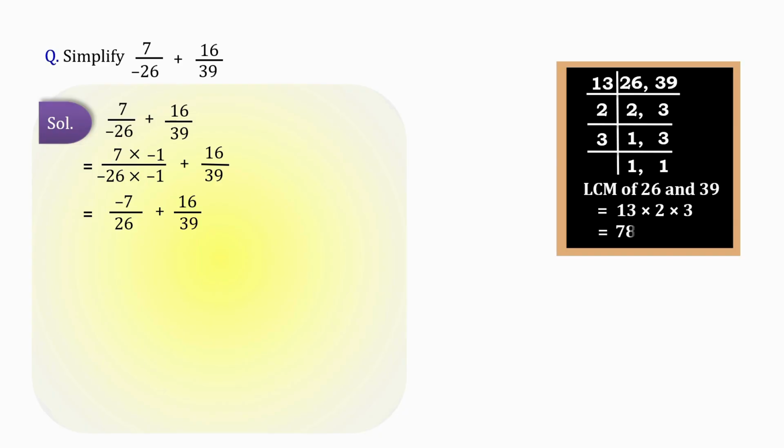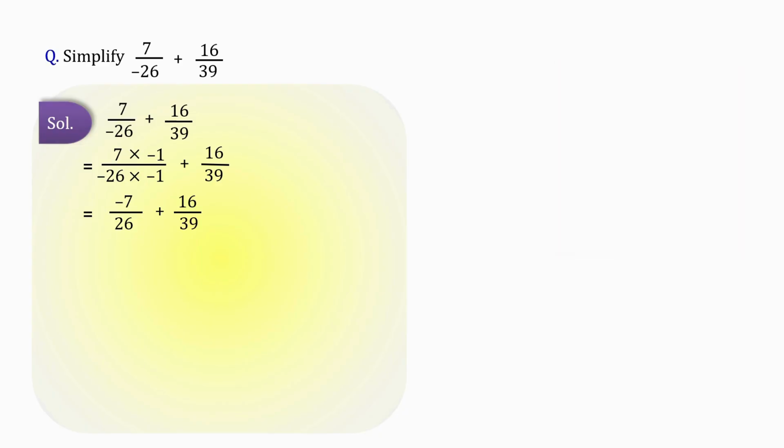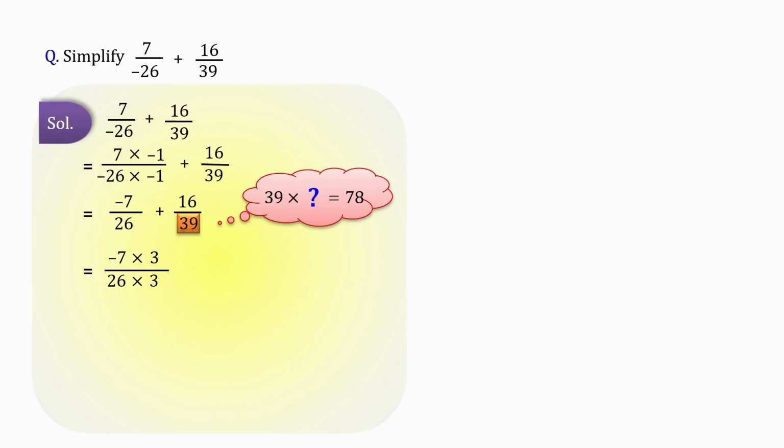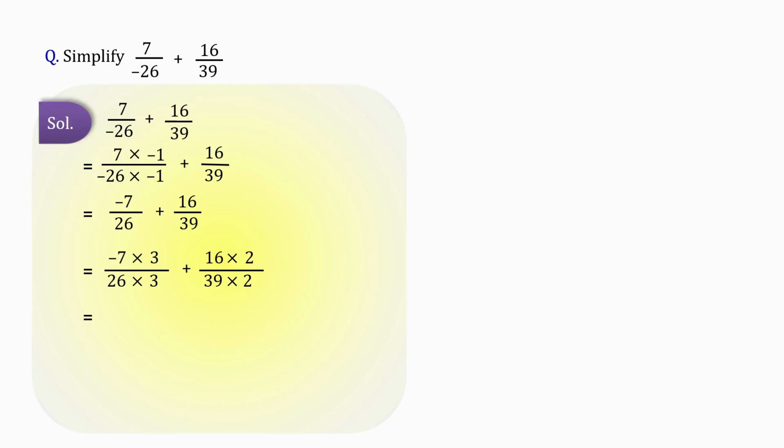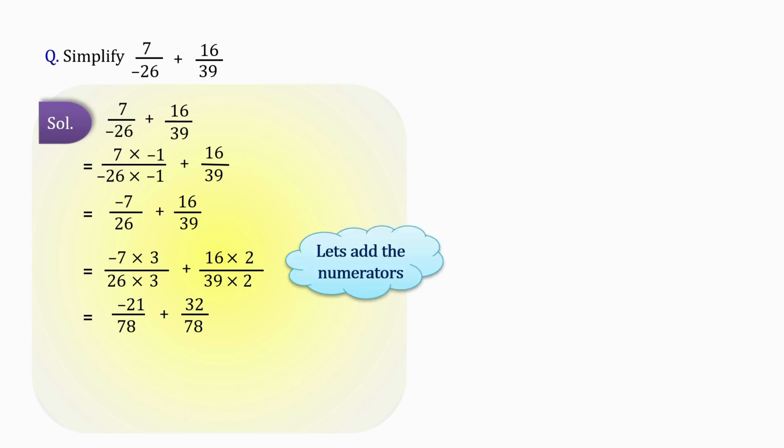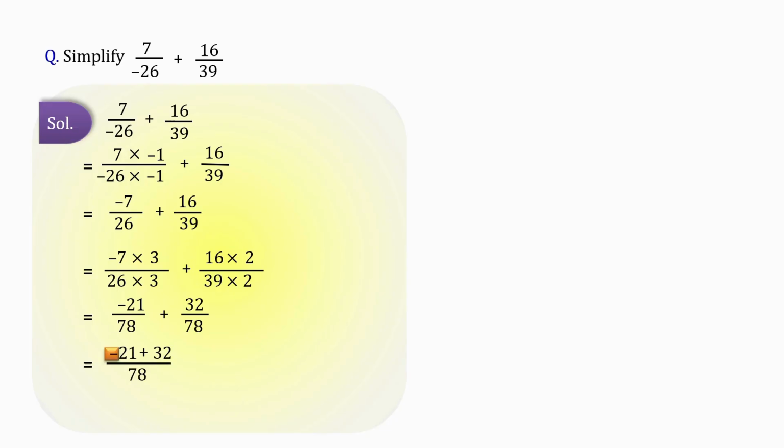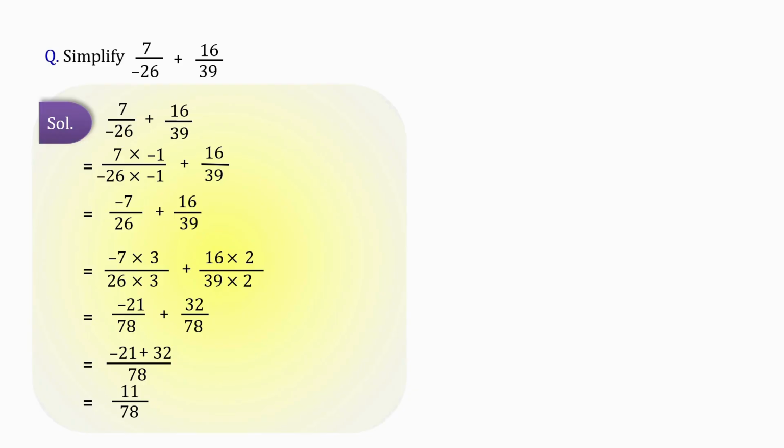We got 78. Now the denominators are equal. Now we just need to add the numerators. So the final answer we got is 11 by 78.